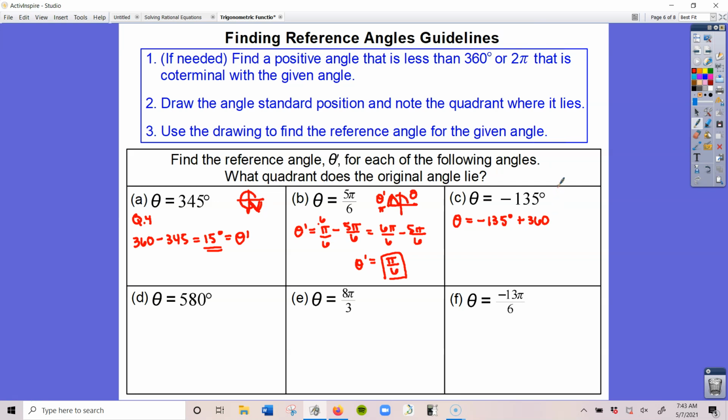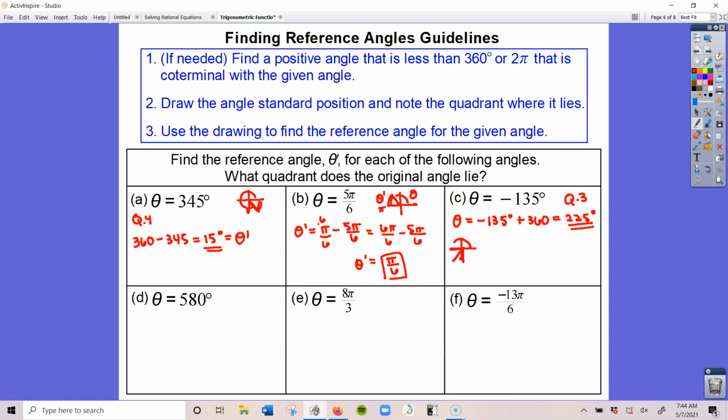You either add or subtract 360 degrees. When I add, I get 225 degrees. So this is my positive coterminal angle. Now, if I think about where that lies, this is 180, this is 270, so 225 is in quadrant 3.